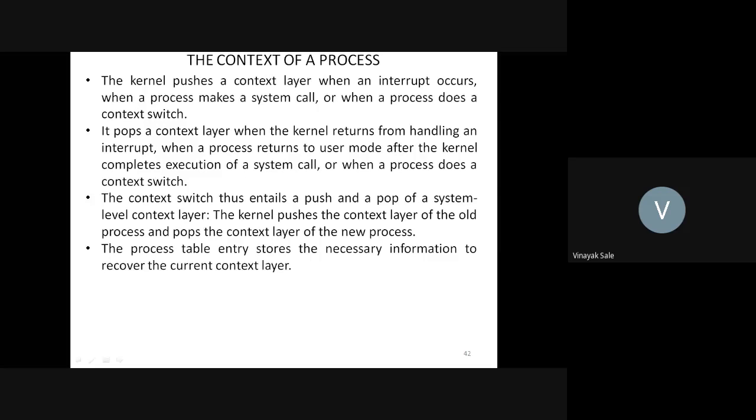It pops the context layer when the kernel returns from handling an interrupt, when a process returns to user mode after the kernel completes execution of a system call, or when a process does a context switch. So a context switch entails a push and pop of system level context layers, such that the kernel pushes the context layer of the old process and pops the context layer of the new process.